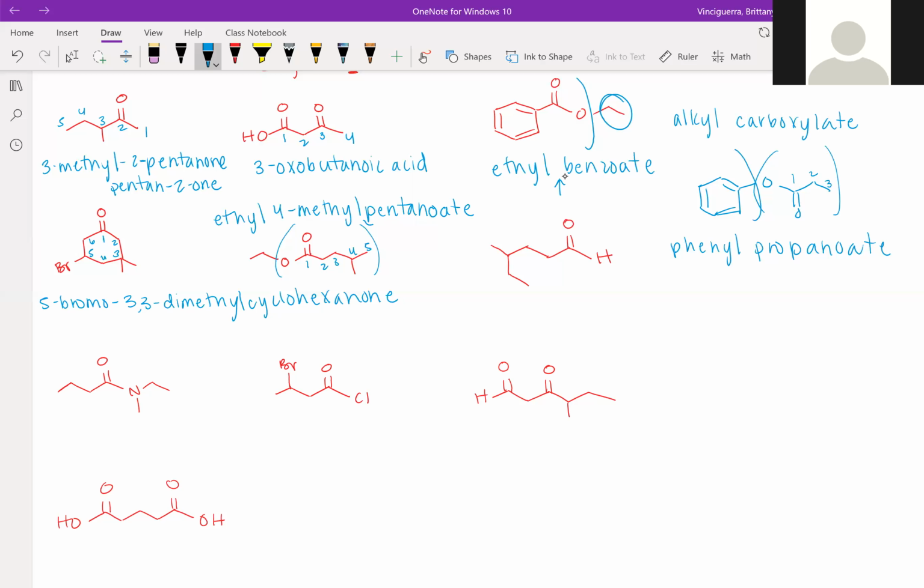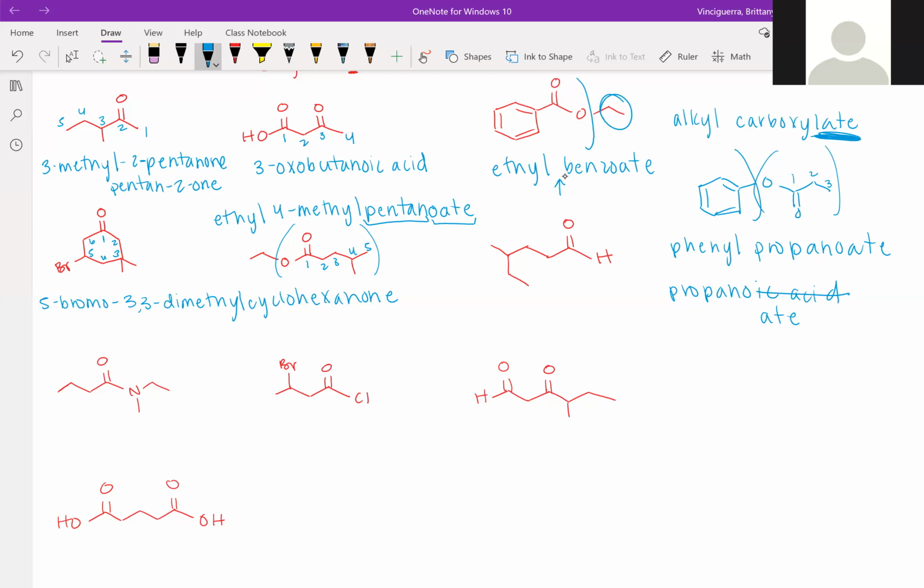Is there an alkane suffix? No, I mean, you might be thinking of carboxylate. Remember that this name is derived from the carboxylic acid name. So if it's propanoic acid, you take off ic acid and replace it with ate for the carboxylate.